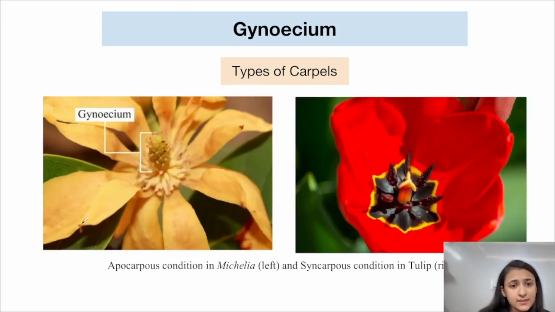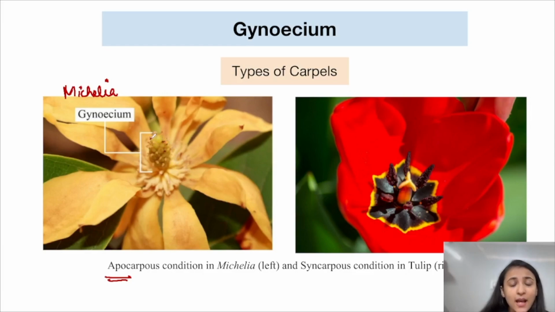So you can see this is the apocarpous condition in michelia. In michelia, apocarpous condition is there and the carpels are free. This is the innermost whorl, which is the gynoecium. If you observe closely, you will find that multiple carpels are present here, and each of these is present as a free structure.